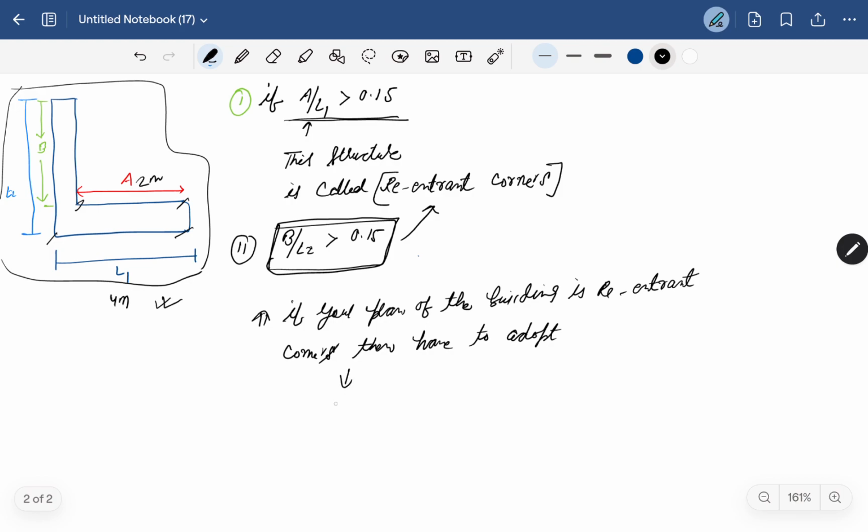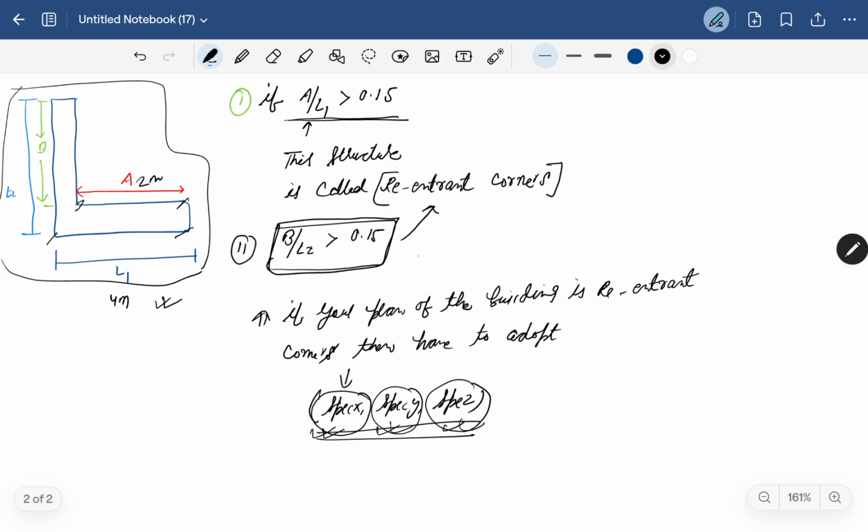We will have to adopt spec x, spec y and spec z, meaning three-dimensional dynamic analysis. Spec x, spec y and spec z is a dynamic analysis, so in this case you will have to perform spec x dynamic analysis, spec y and spec z.